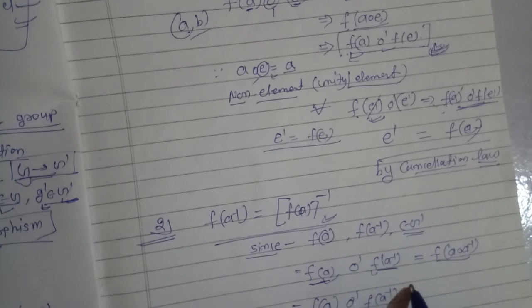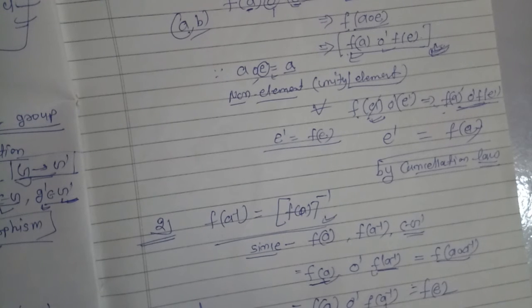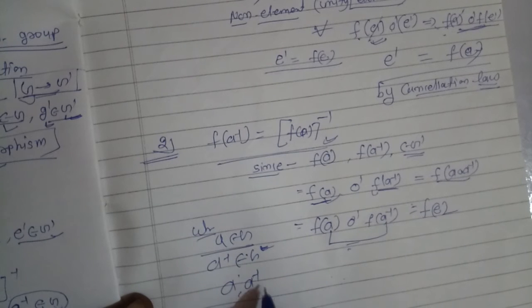We can say that F E. Okay, because this is the same element, and when A belongs to G and A inverse also belongs to G, then A and A inverse belong to G.